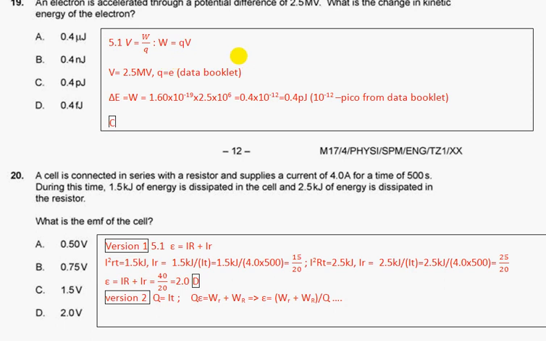The charge of the electron we get from the booklet. So energy change equals work done, and substituting the values into this formula, QV, from the booklet, the given value mega, 10 to the 6, and again from the booklet we get 10 to the minus 12. The booklet says that it is pico, so we change it into pico and we get answer C.